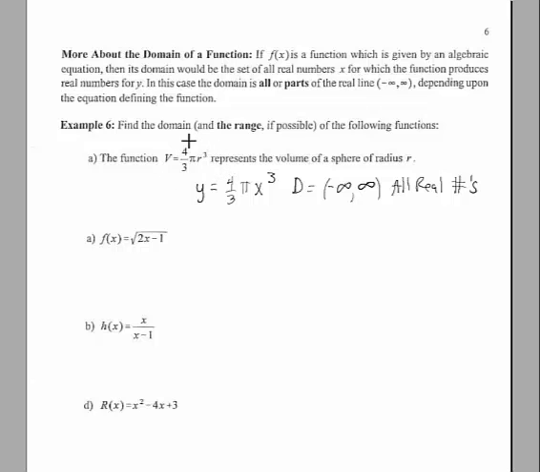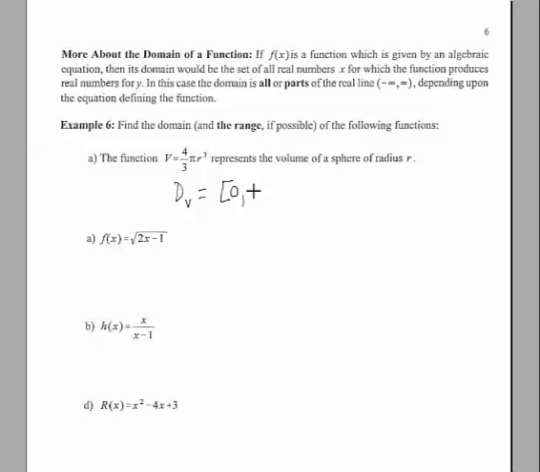So for this particular formula, we would say that the domain of V, our volume function, is equal to 0.